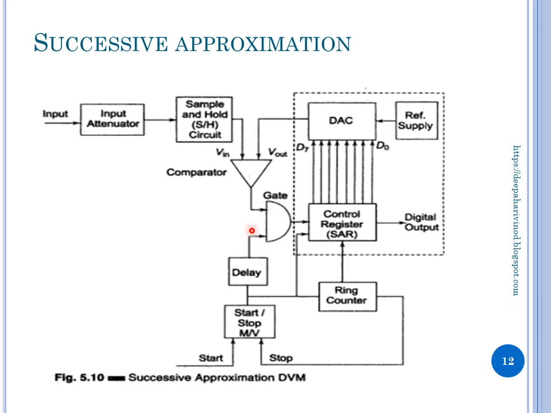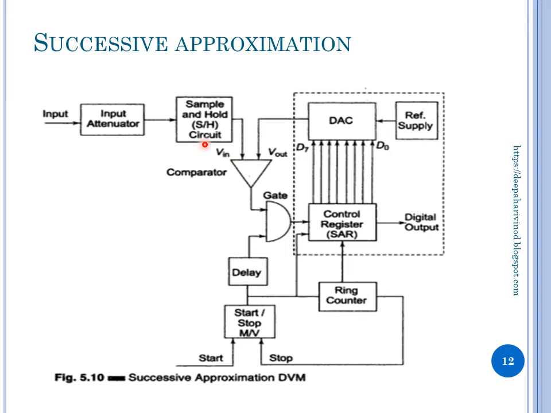During the first clock, the control circuit will set this D7 bit to 1. So when this is set to 1, Vout will be half the reference voltage, and now that Vout compares with Vin.